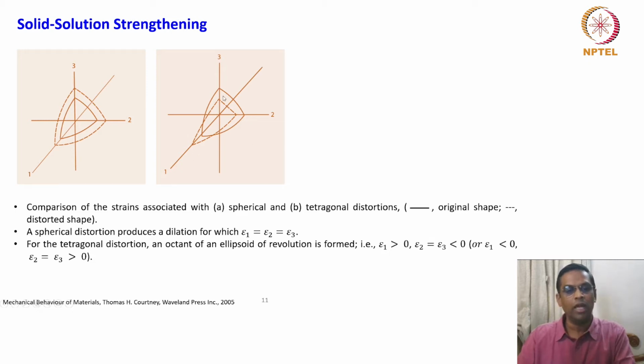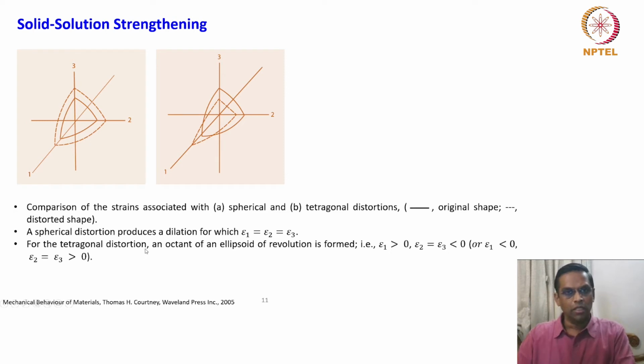This could be when epsilon 1 is greater than 0, and epsilon 2 and epsilon 3 are less than 0, or epsilon 1 is less than 0 and epsilon 2 is equal to epsilon 3, which is greater than 0. That means one strain will have a different magnitude than the other two, but the other two will have equal magnitude. That's what the tetragonal distortion means.